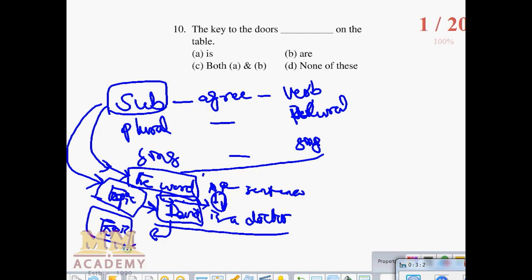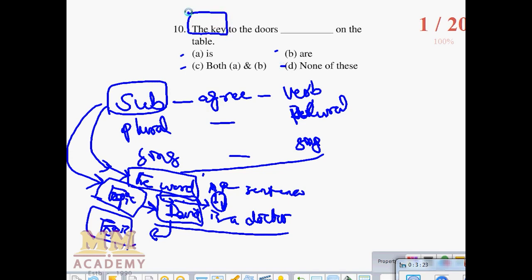Okay, so the first statement is: the key to the doors dash on the table, is, are, both A and B, or none of these. Okay, so first of all, look at the statement. The key is our subject.